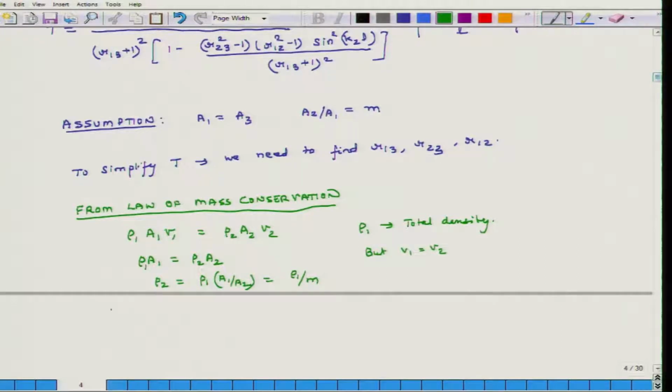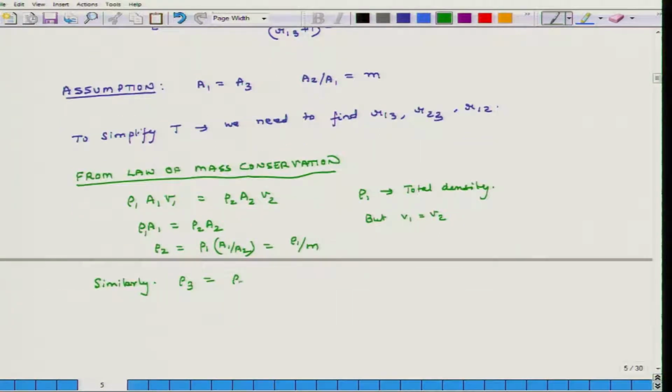Okay. So, similarly we can say rho 3 equals rho 2 times m. Okay. So, let us call this relation 2a, this is 2b.